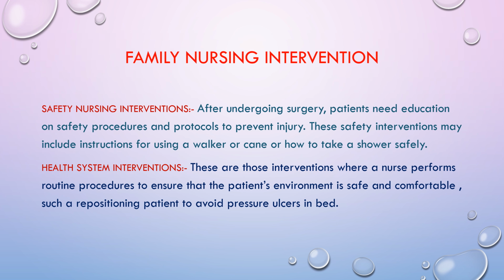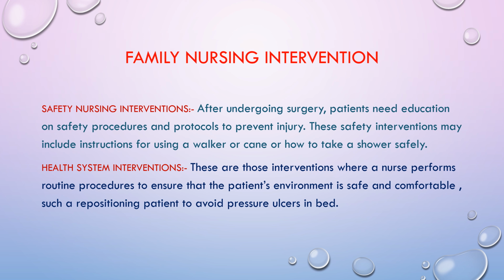Other types of interventions include safety nursing intervention and health system interventions. Safety nursing interventions mean those where a nurse does such procedures which will help a patient to prevent any kind of injury.